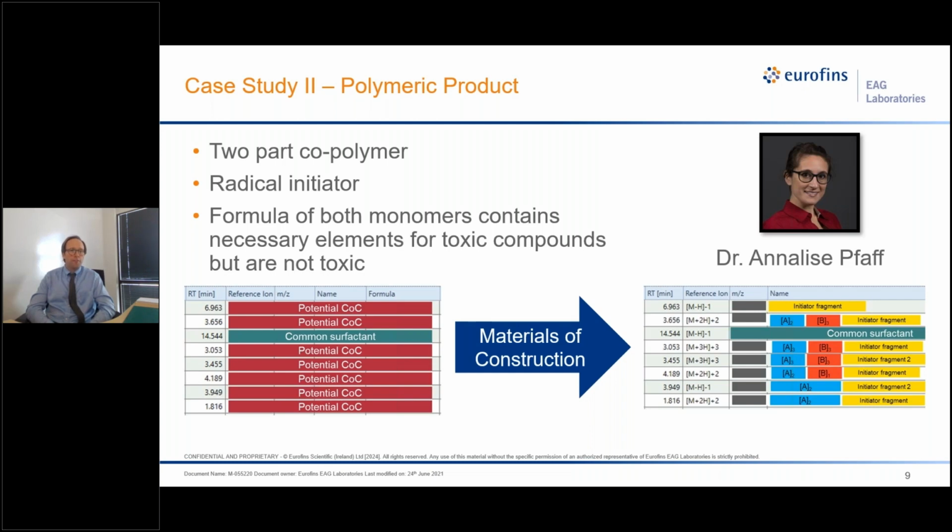On the left was the first pass on the LCMS data. So we had numerous compounds that were above the AET, and the ones that contained copolymer were potential cohort of concern compounds.